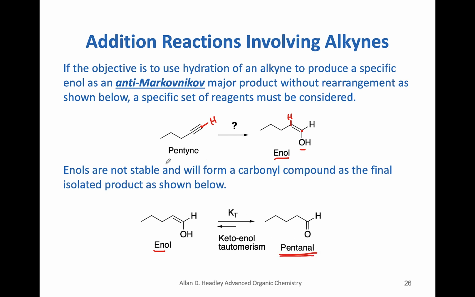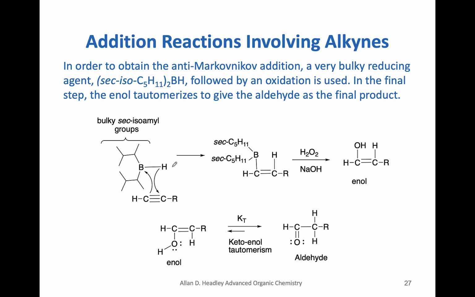So the question now is, can we go from this triple bond here to add water across this triple bond using one of those pi electrons to give an anti-Markovnikov addition? Let's see if that's possible. Yes, it is. So let's look at the same type of reducing agent that we had before, borane.